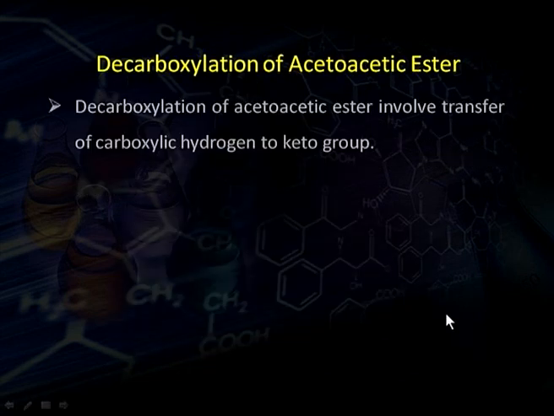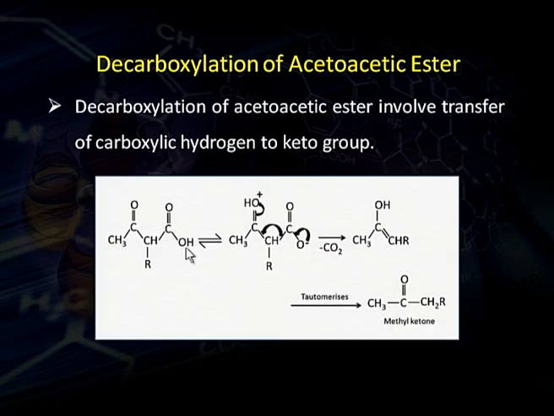Now, decarboxylation of acetoacetic ester involves transfer of the carboxylic hydrogen to the keto group. It forms a protonated enol. This loses an electron here. Transfer takes place this way.